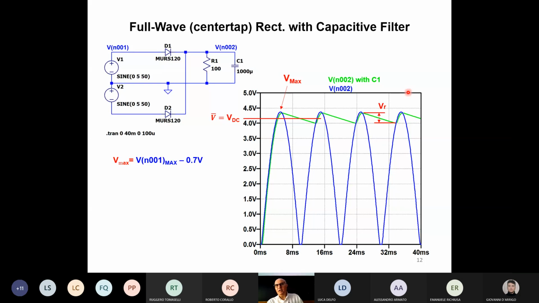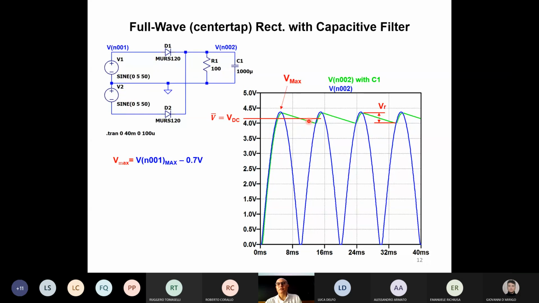Okay. These are some definitions that will be used in a short time, but not now, for trying to calculate just the amount of this ripple. Basically, what we'll consider is this. We have the input voltage, which is the blue line.